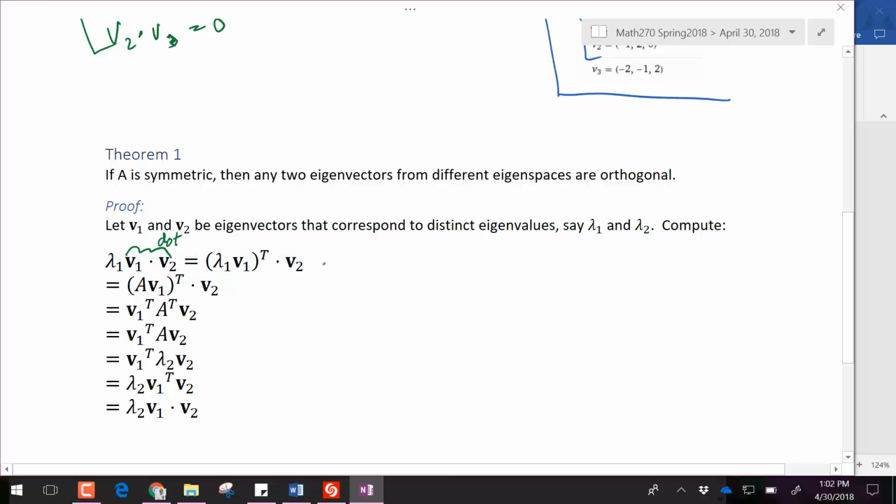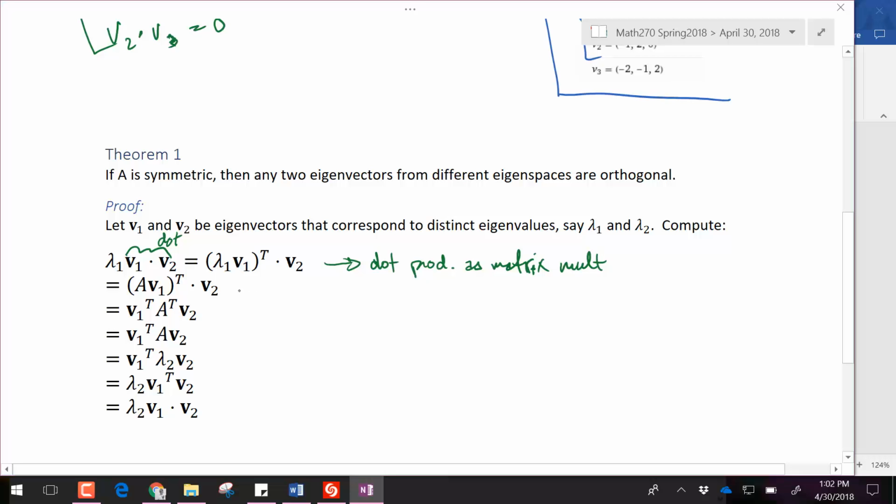And now this becomes kind of like the definition of a dot product. It's matrix multiplication. So the dot product, remember, is really just a matrix multiplication of the transpose of that vector multiplied by the other vector itself.